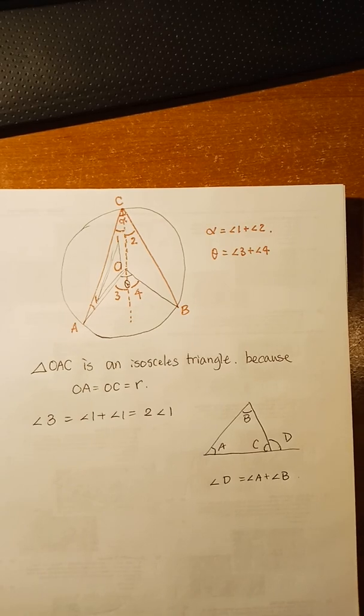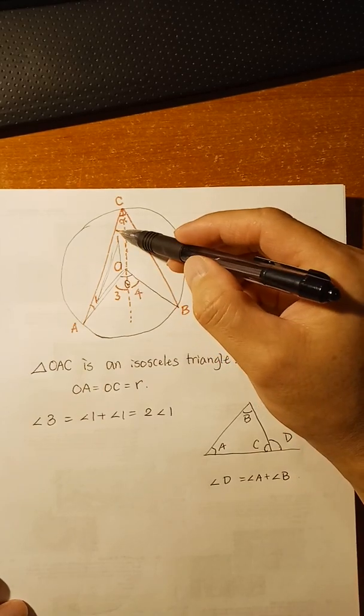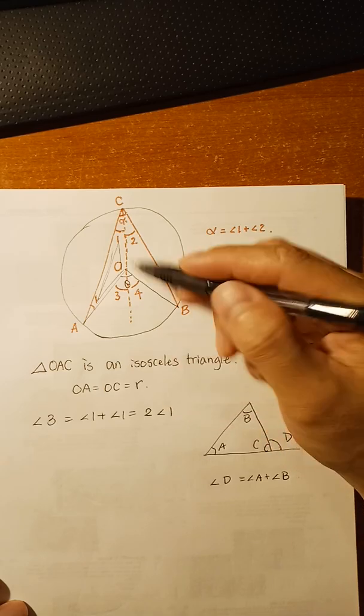So D is always equal to the other 2 angles, A plus B. Here, for angle 3, the other 2 angles are 1 and 1, so it's twice angle 1.